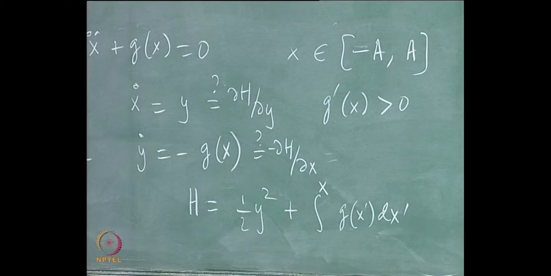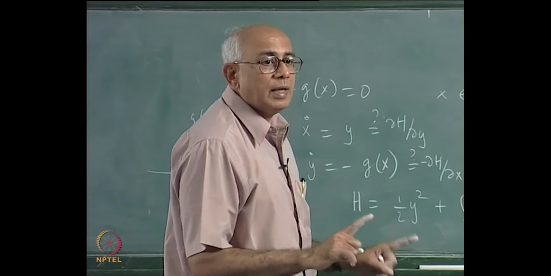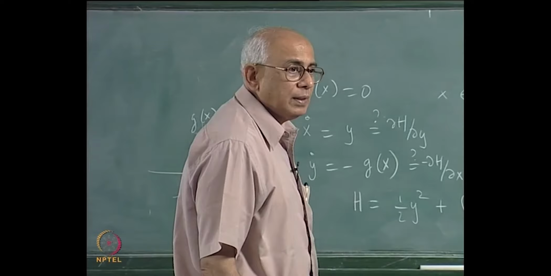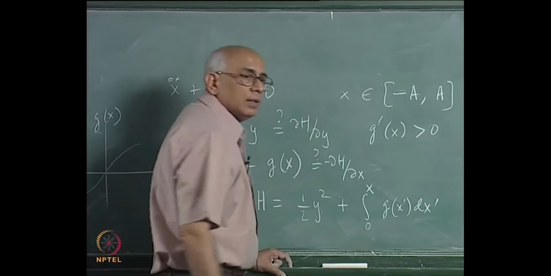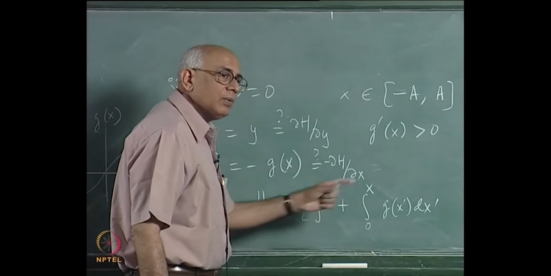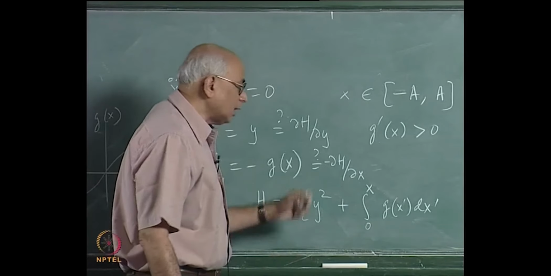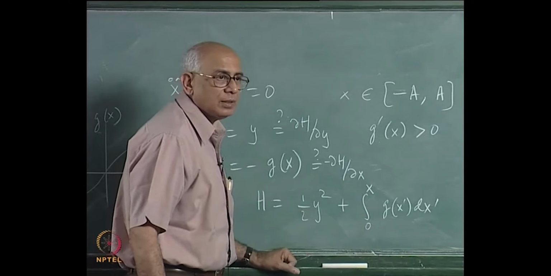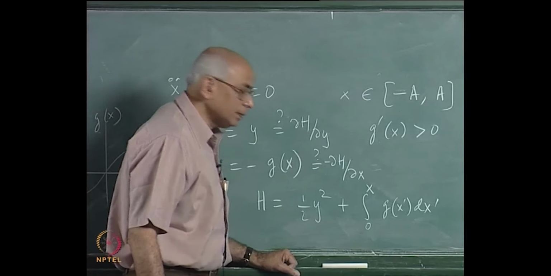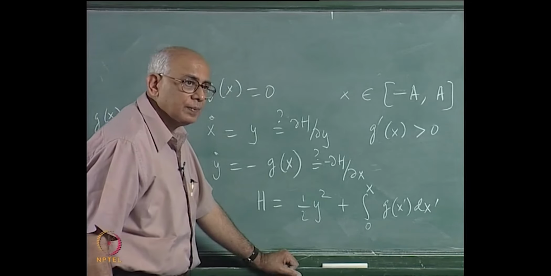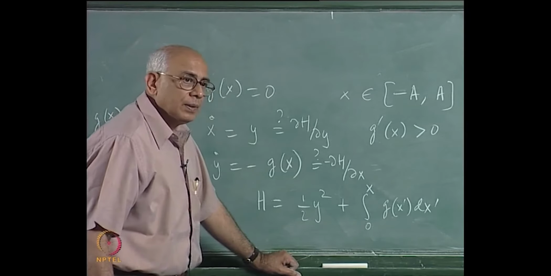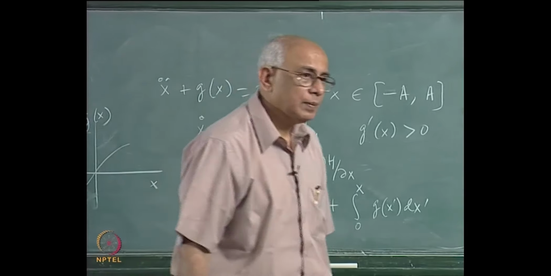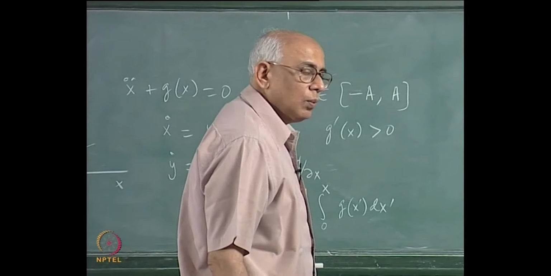If this corresponds to motion between minus a to plus a, then what would this be? So if I start with this, what would the largest value of the potential energy be? This represents the potential energy. What would this be?